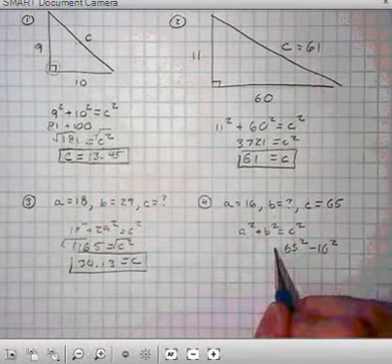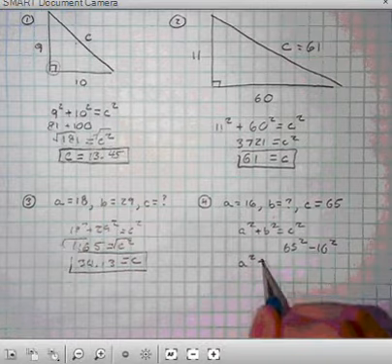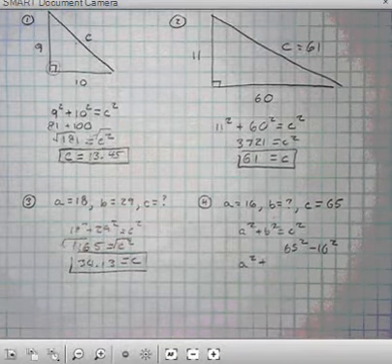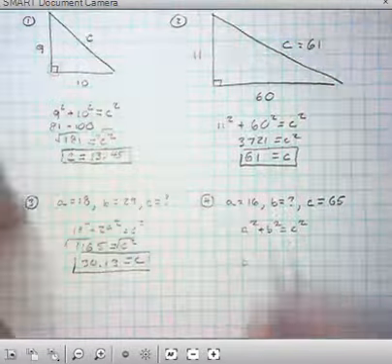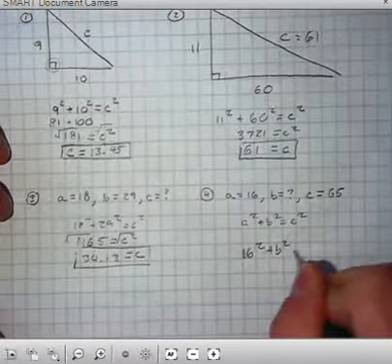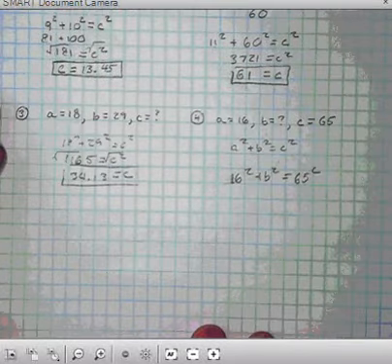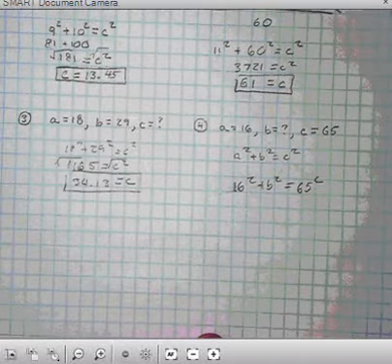Do you see what he did? So here's what he did. He's got A squared plus B squared. I'm just going to write the actual numbers that he's using. So his A is 16, so he's got 16 squared plus the B squared, which is unknown, equals C squared, our 65. What's nice about the algebra is it's the language of math.